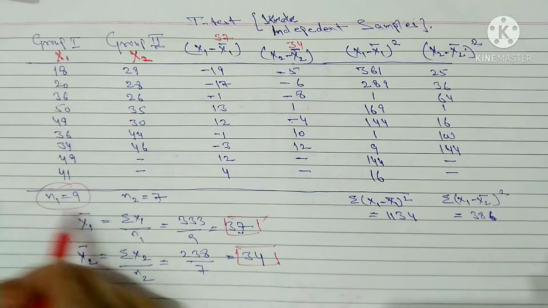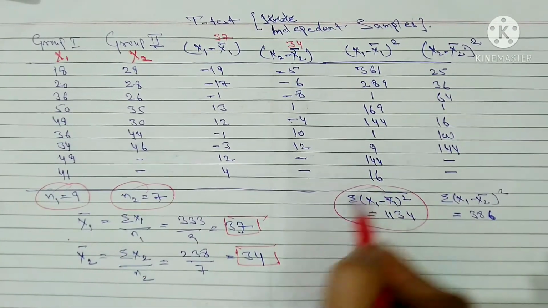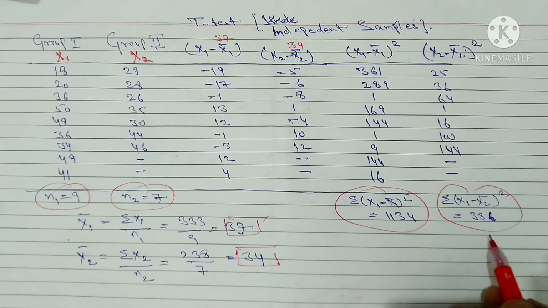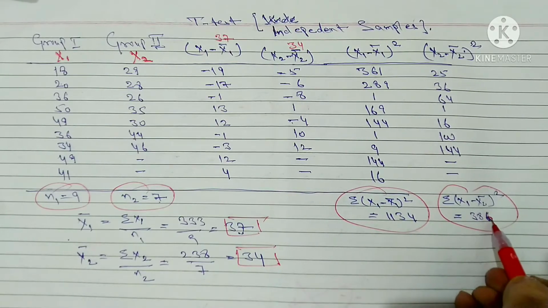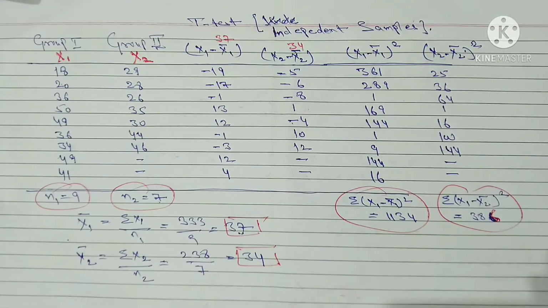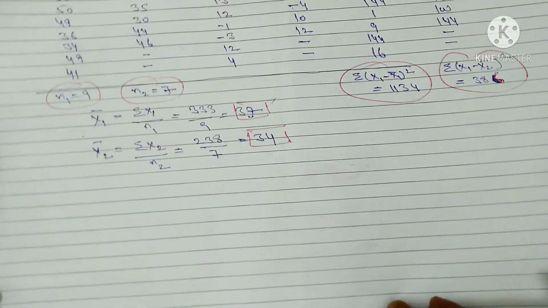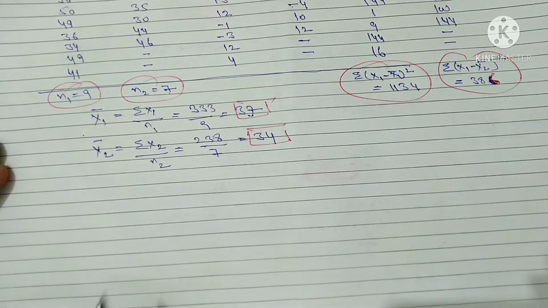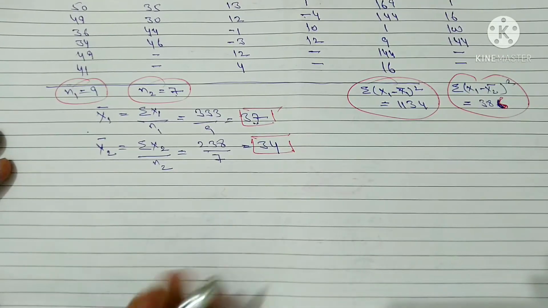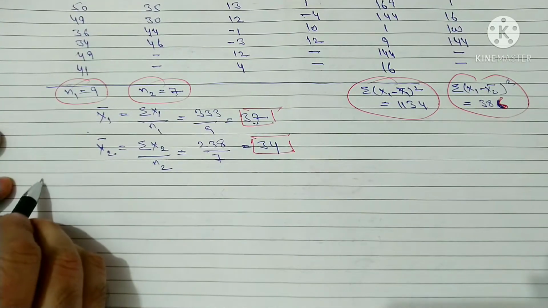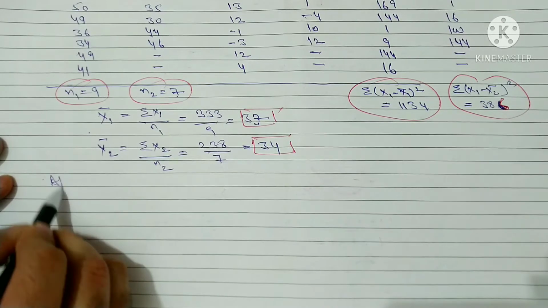So n1 is 9, n2 is 7, summation of this is 1134, and summation of this is 386. Now calculate t, applying t test.